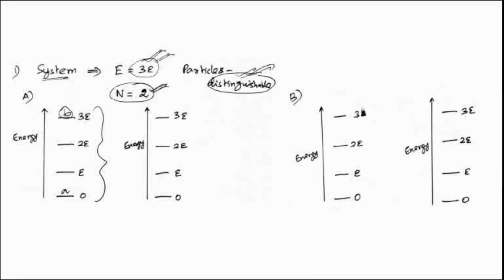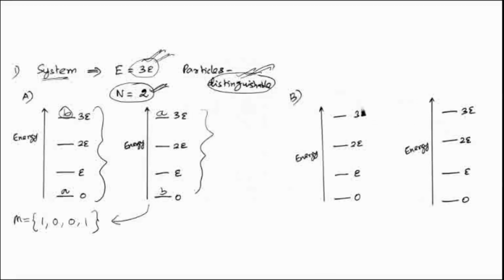Now listen, what is the macrostate corresponding to this? What is the occupation index? In the ground level we have 1 particle, next level 0, next level 0, and the 4th level has 1 particle. So this is one macrostate. Now observe this carefully. If I swap these 2 particles, placing A here and B here, because A and B are not the same, they are distinguishable. What is the macrostate corresponding to this distribution?